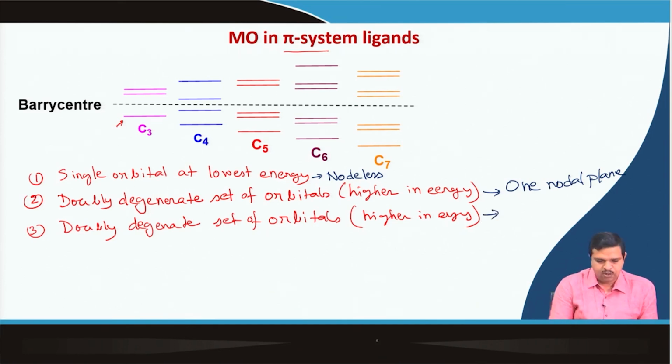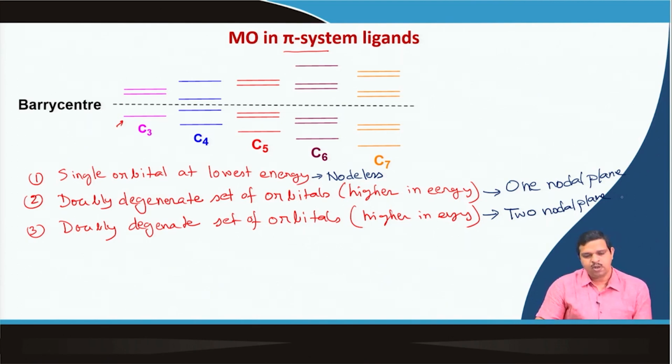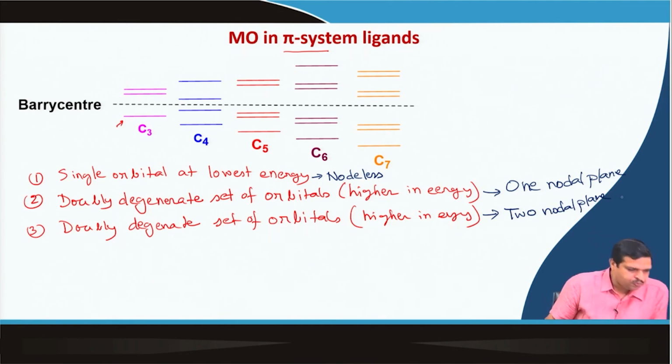And for the next degenerate orbitals, you will get two nodal planes. So in the second set of degenerate orbitals you will have one nodal plane, and then the next degenerate set of orbitals, with still higher energy, will have two nodal planes.